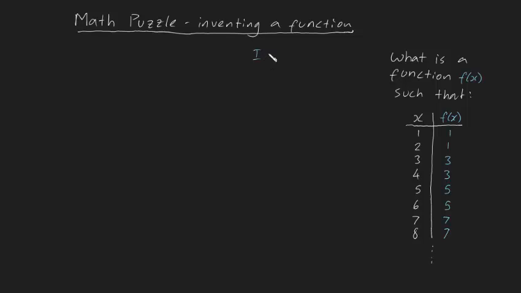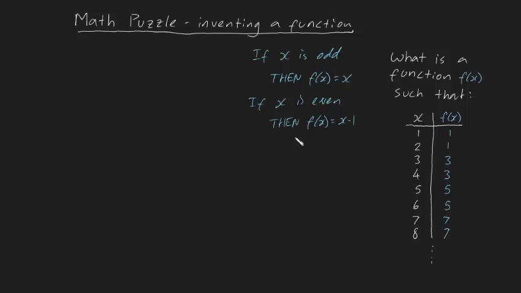We can say if x is odd, then we need our function to become x, right? That's basically describing every odd number here. But if x is even, then we want our function to return a value of x minus 1.